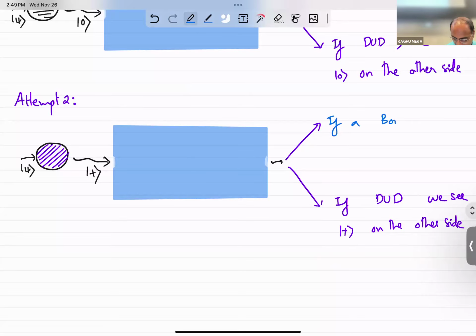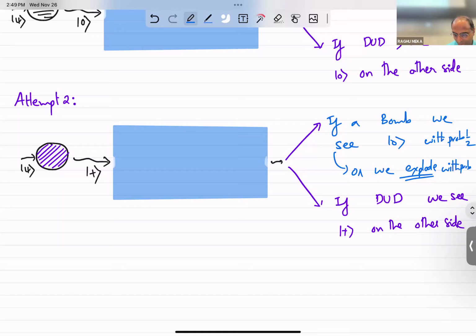If a bomb, we see 0 with probability half, or we explode with probability half. Okay, 0 and plus we can distinguish with another filter. For example, if I put a vertical filter, then it will give me some advantage in telling those two. So now let's make sure we can do the further processing too.